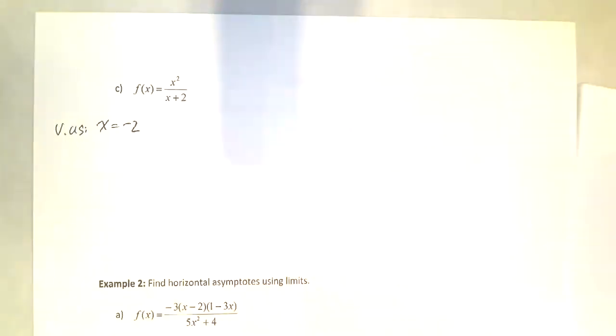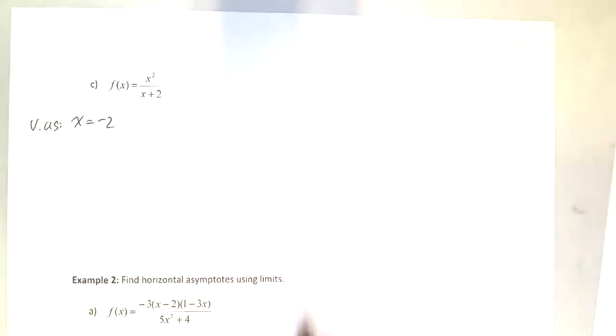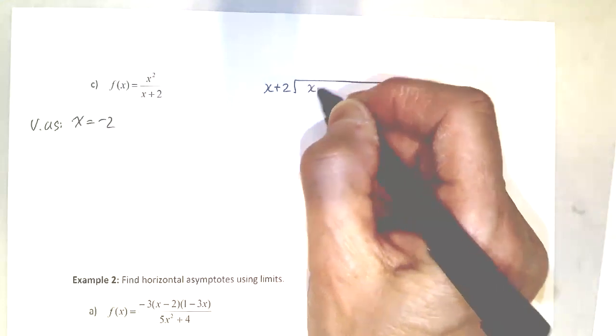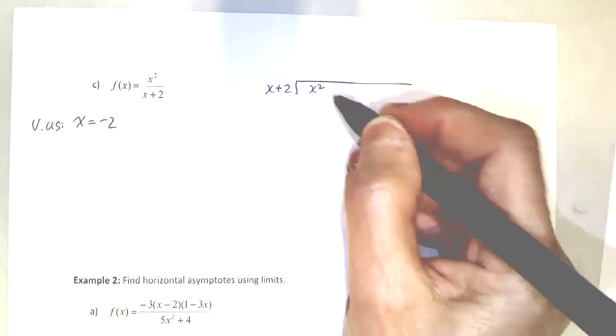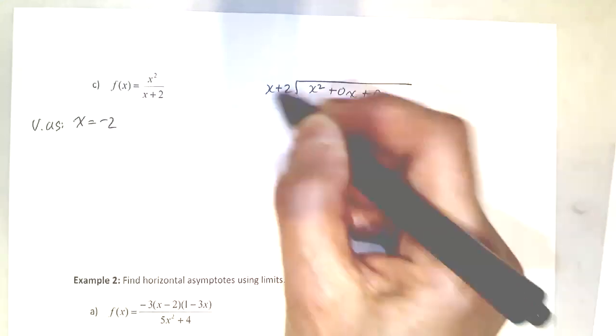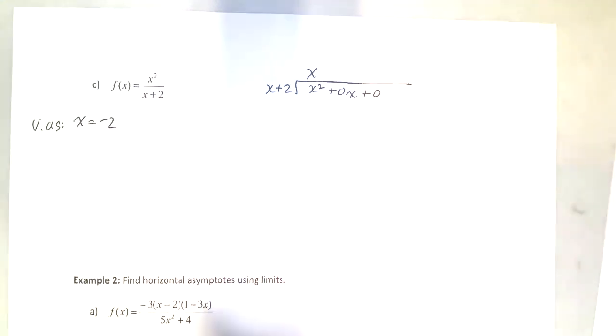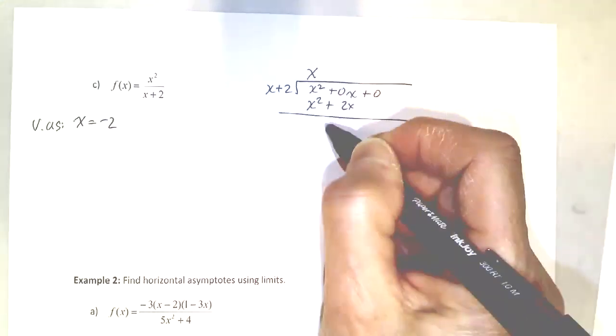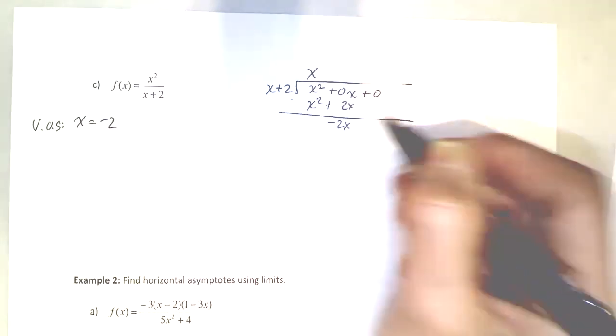And remember, the way you find the equation of the oblique asymptote is you do a long division, which I'm going to do up here. I divide x into x squared. I expand. I subtract. 0 take away 2 is -2x.